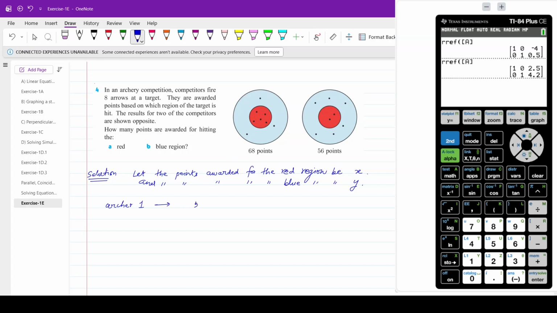That will be 5x plus 3 arrows in the blue region. That will be 3y, and the total points are 68.